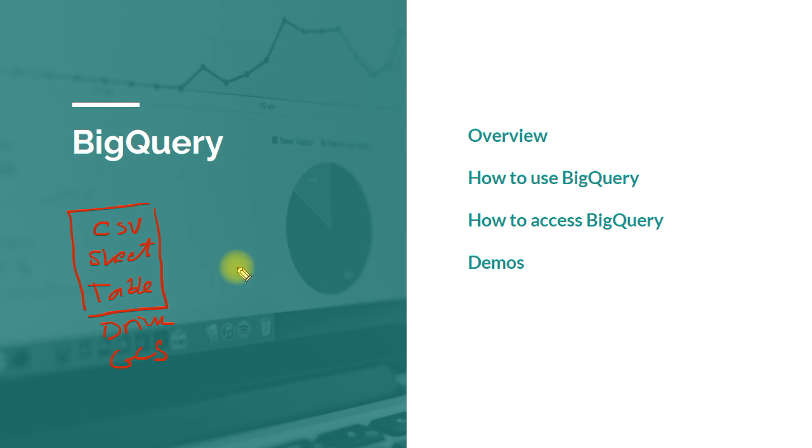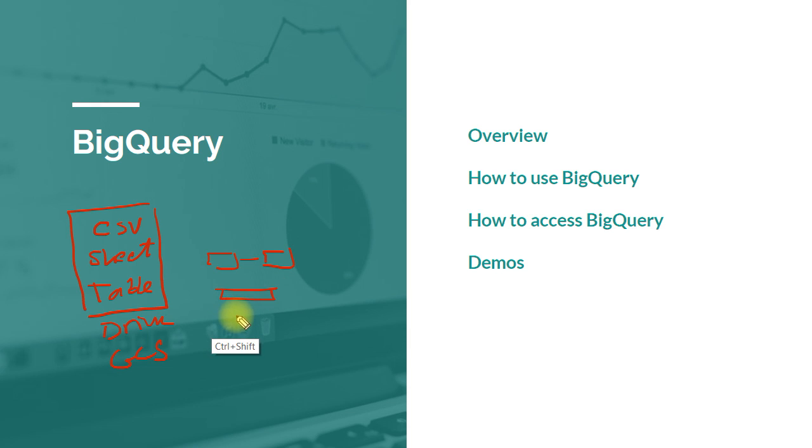Once you load or import the data to your dataset, you can have BigQuery automatically identify the structure or the schema of your database or table or data, or you can manually select the fields that you have and create your own custom schema and structure.